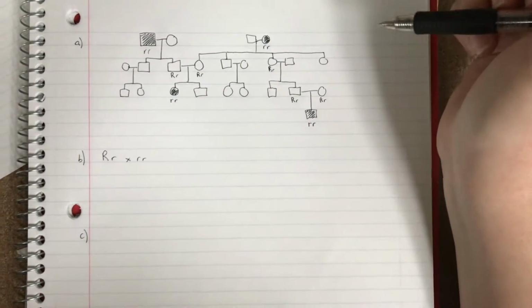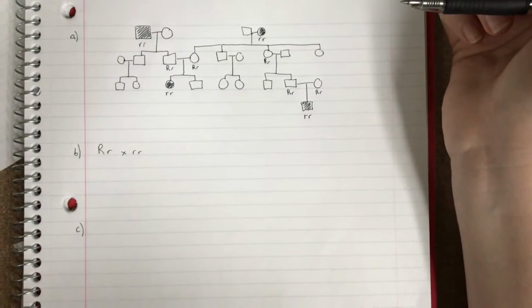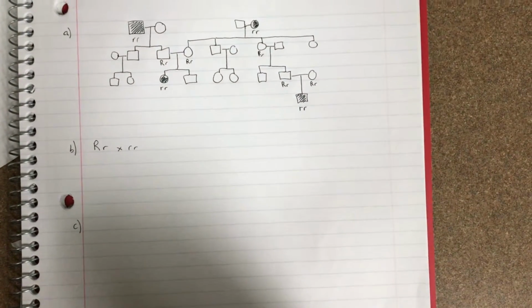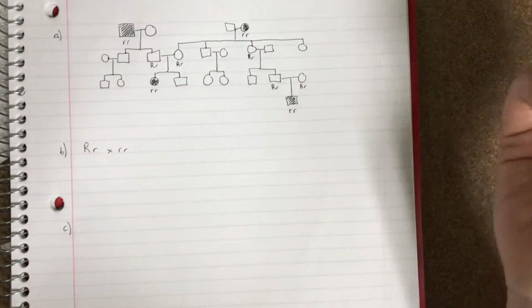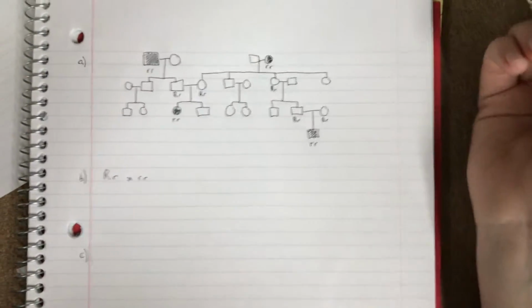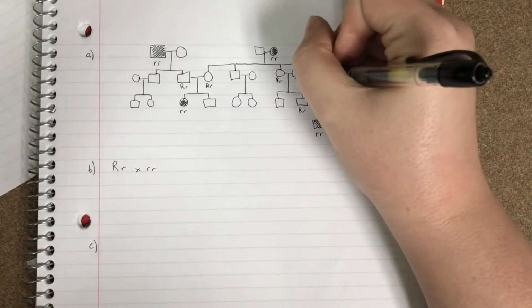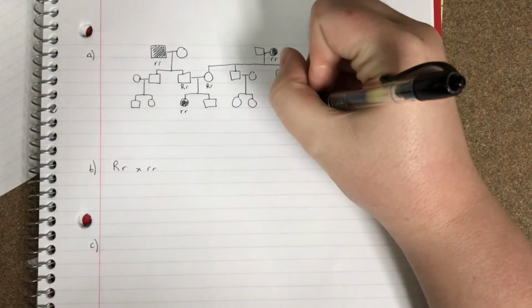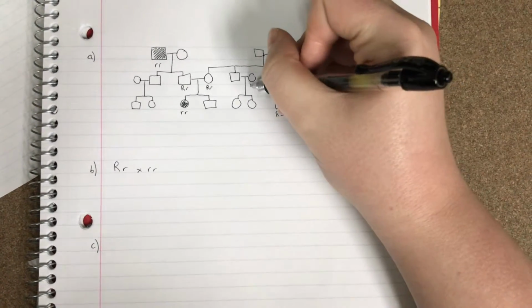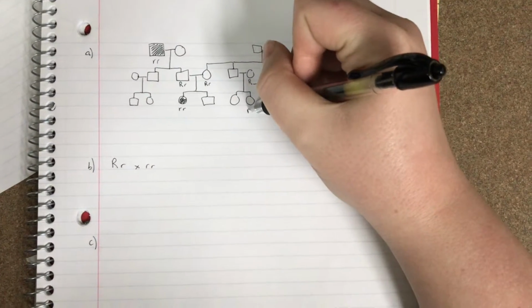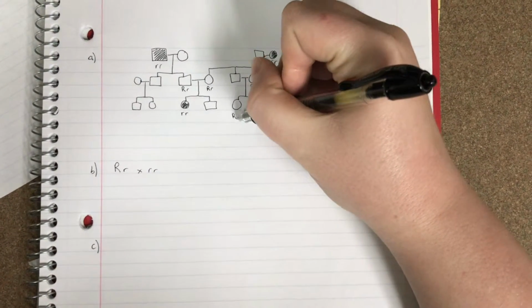At this point, it's going to be pretty difficult to determine who is heterozygous and who is homozygous. So we're going to have to basically put everyone else as an R and then a dash, because we can identify it based off of the fact that they are not affected, that they're going to have at least one dominant allele.